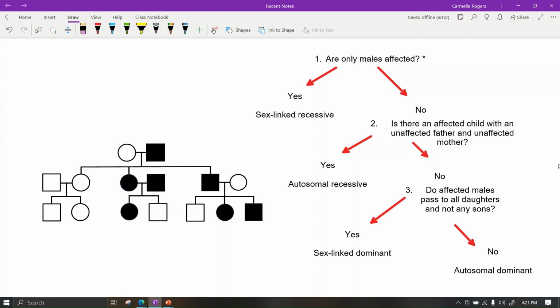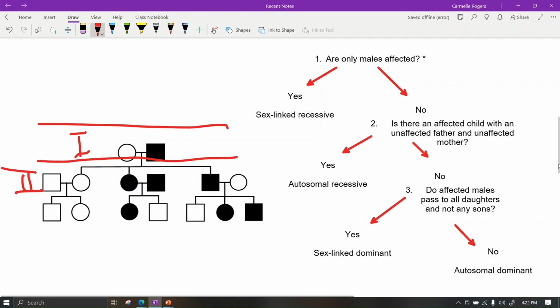And to understand how the pedigrees are organized, we have the first generation at the top here. And so this level is the first generation, and then the second generation right below that. And then we have our third generation.